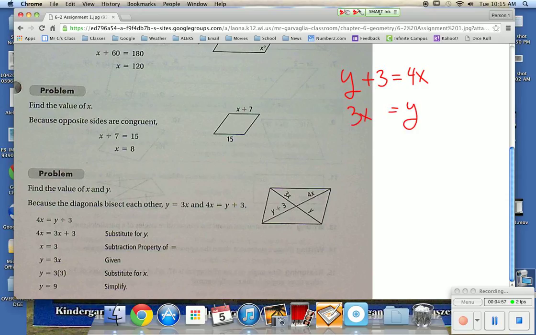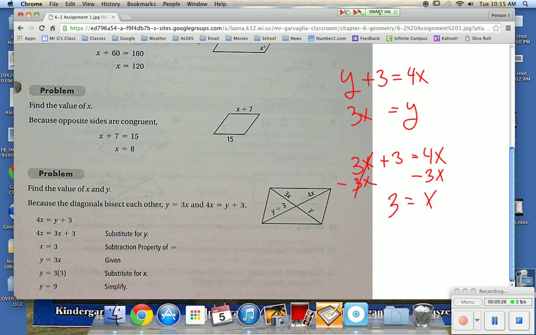Sure you can. It's not a proof. Well, here. What does y equal? 3x. Can I replace my y up here with 3x? Sure. 3x plus 3 equals 4x. Can I solve that? Subtract 3x, subtract 3x. 3 equals x.